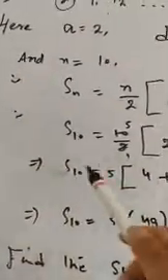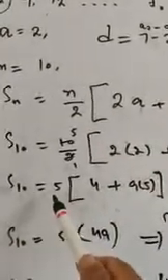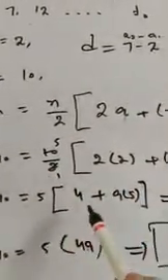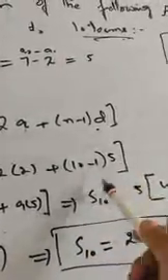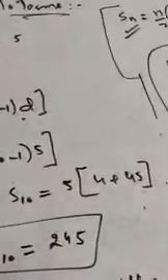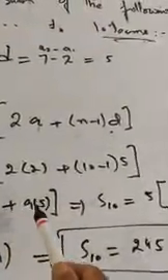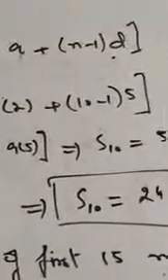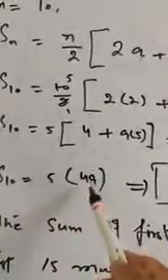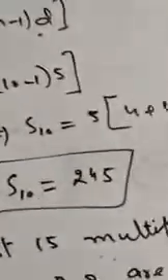So by this formula, S10 equals 5 into 2 into 2, which is 4, plus 9 into 5. 9 fives are 45. So S10 equals 5 into 45 plus 4, equal to 49. That means S10 equals 5 multiplied by 49, equal to 245.